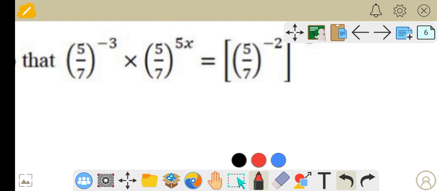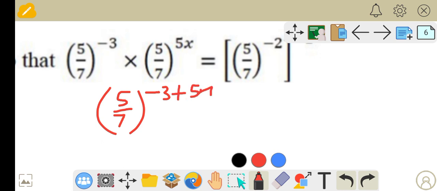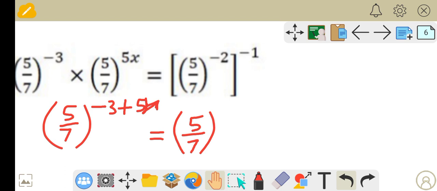Both terms have the same base 5 by 7, and in the case of multiplication we can add both exponents, so it can be written as 5 by 7 to the power minus 3 plus 5x. On the right side we have an exponent of an exponential number, so we multiply both exponents, so it will be minus 2 into minus 1.